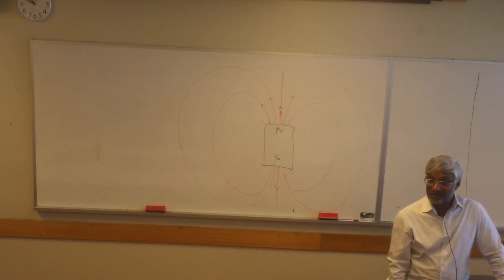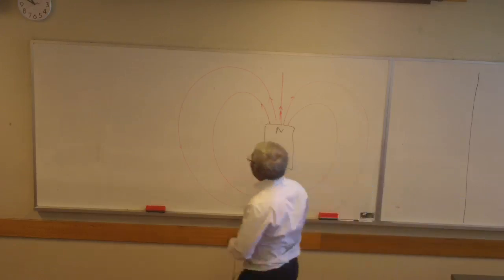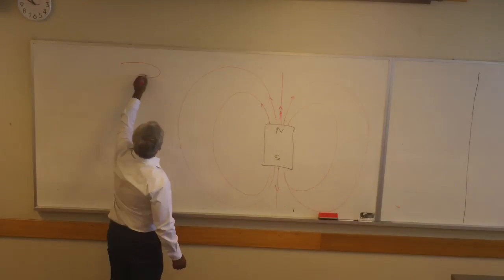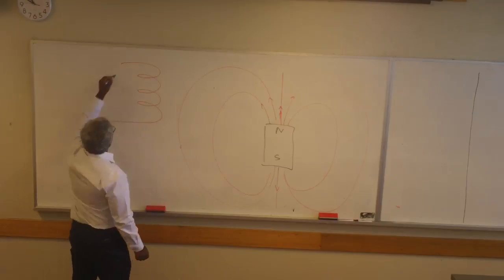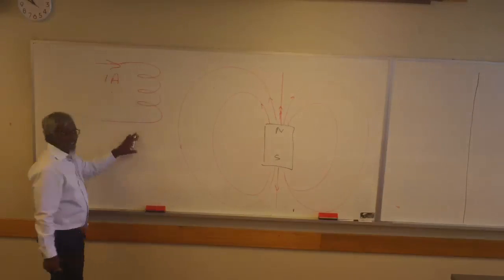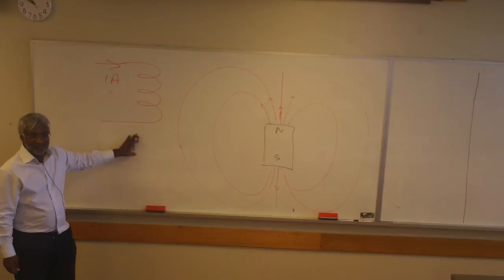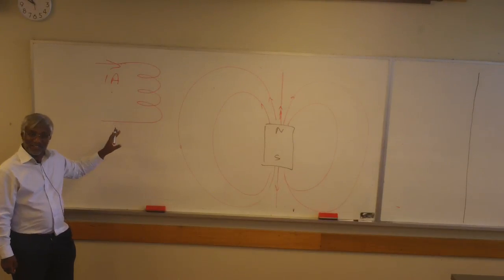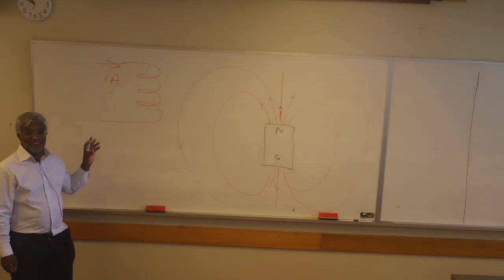What's another magnet that is not a permanent magnet? Is that a magnet? That's a coil. Is it a magnet? It is a magnet.